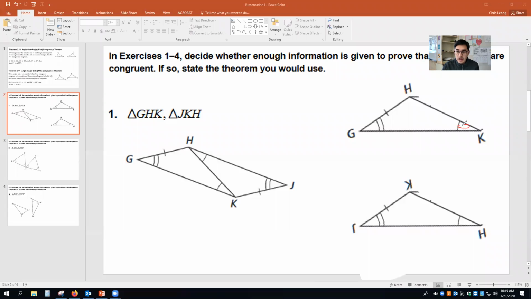I have an angle, and then a side. An angle, and then a side. So if I look at the order of the markings, it goes angle, followed by an angle, followed by a side. Angle, angle, side. So these two triangles are congruent to each other because of the angle-angle-side theorem.